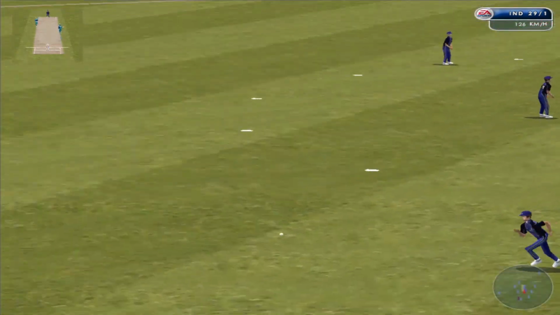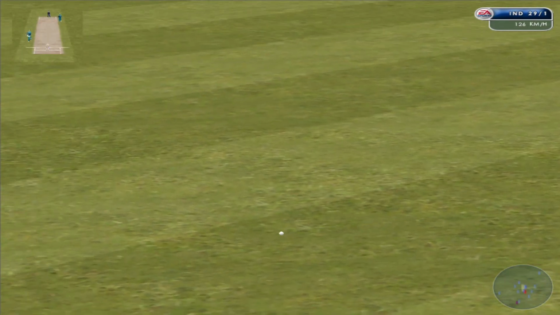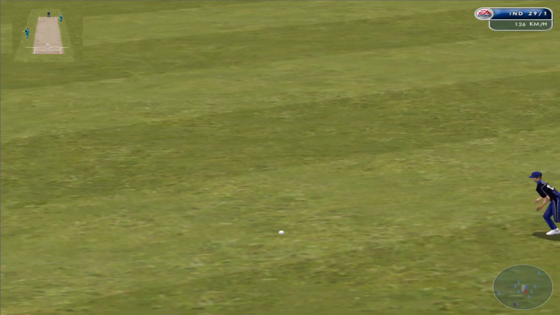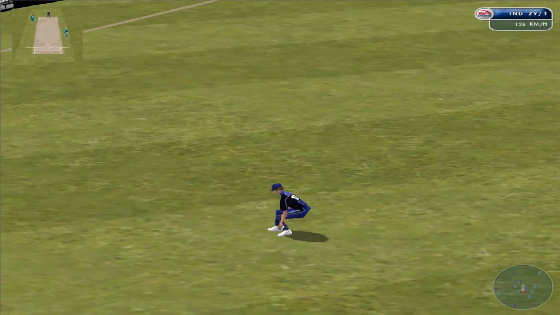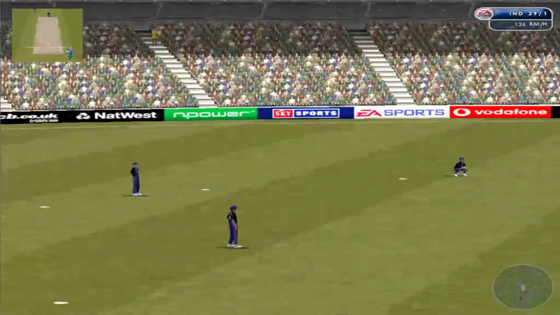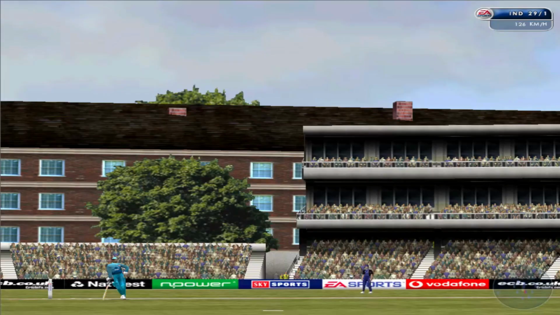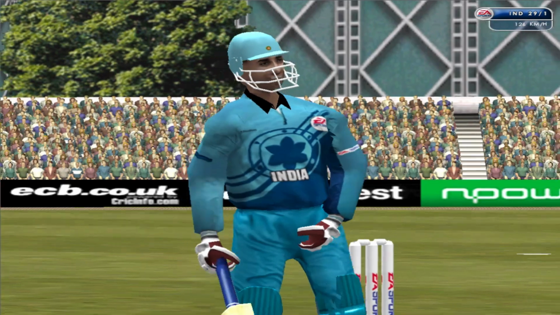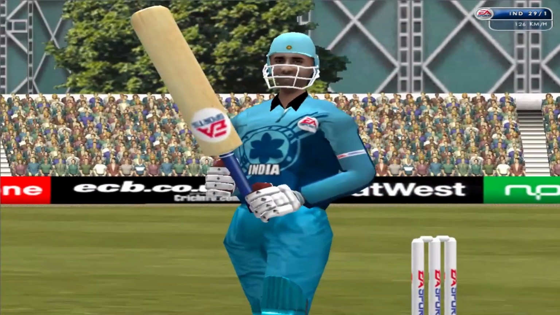The batsman will have to run these. The batsmen are coming back for a second. Fielded by Thorpe. India are 1 for 31.